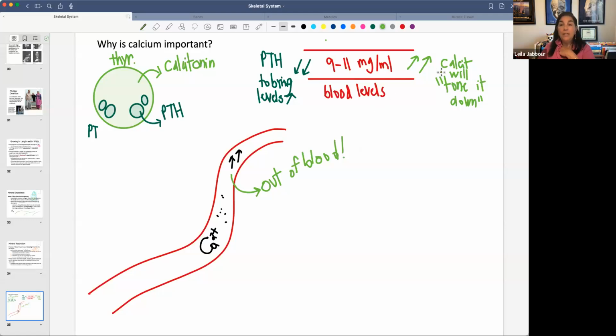That's very important. We need to tone it down. We cannot go higher than 11 milligrams per ml. We have to bring these levels back down. So let's get rid of this calcium.